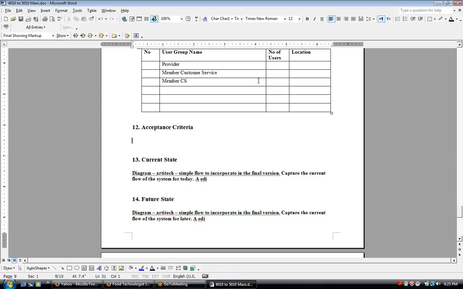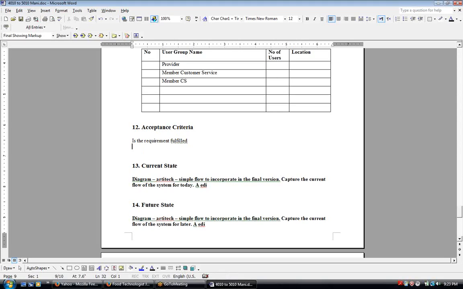Number 2, when user clicks on that link, it should go to the next page, whatever that next page is. Number 3 is that there is a flash player and they are able to watch the video over there. So whatever is your requirement, that folds up under the acceptance criteria.